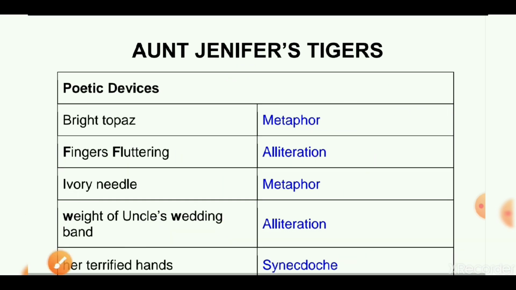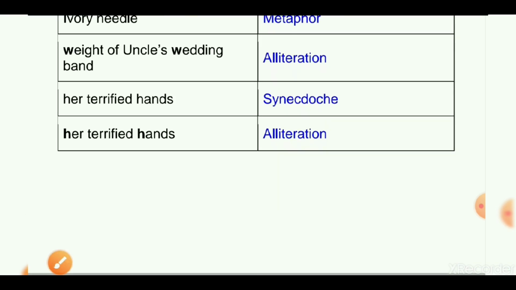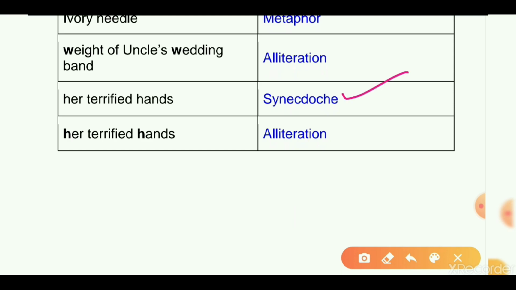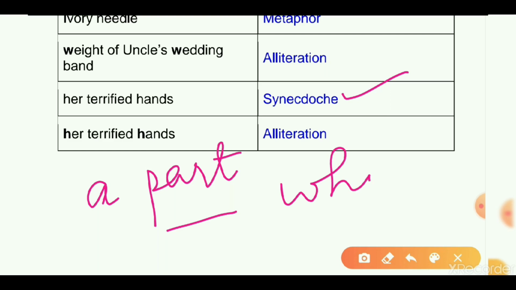Then there is one more new figure of speech here which has now not been used till now, and it is synecdoche. Synecdoche is where a part is used to identify or to represent whole, or a whole is used to identify a part.